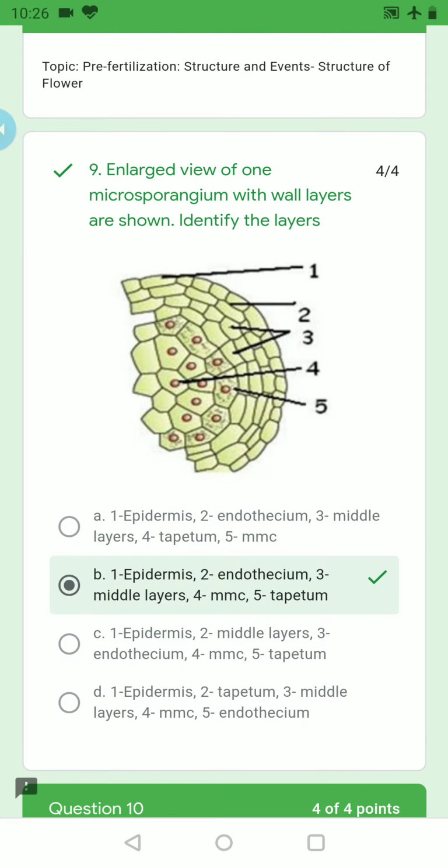The next one. As we discussed earlier, the structure is given. Based on this, you should identify what they have given. The enlarged view of one microsporangium with wall layers is shown. Identify the layers.